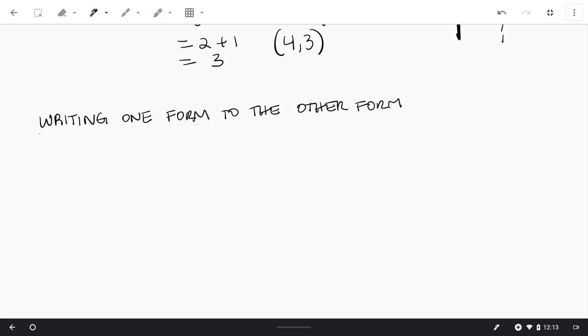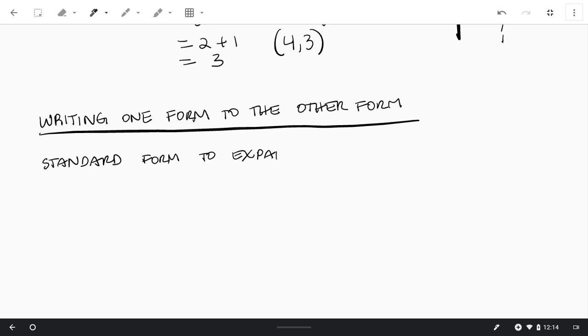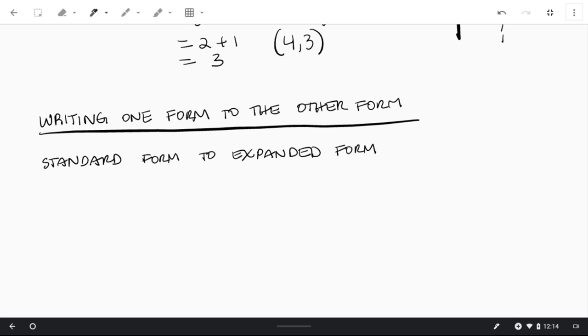So let's take a look at, let's do standard form to expanded. So here, all you have to do is multiply everything out.